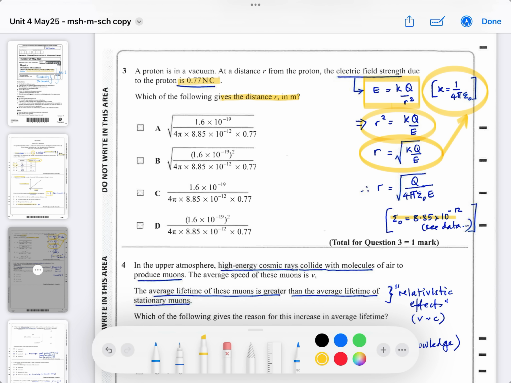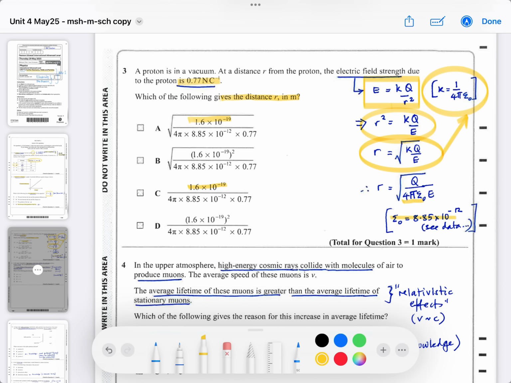So basically this is k, 1 over 4 pi epsilon naught. So it's q at the top. So q is 1.6 times 10 to the minus 19. So it's going to have to be A or C. And then you want r squared at the, you want kq at the top, and you want 4 pi epsilon naught.